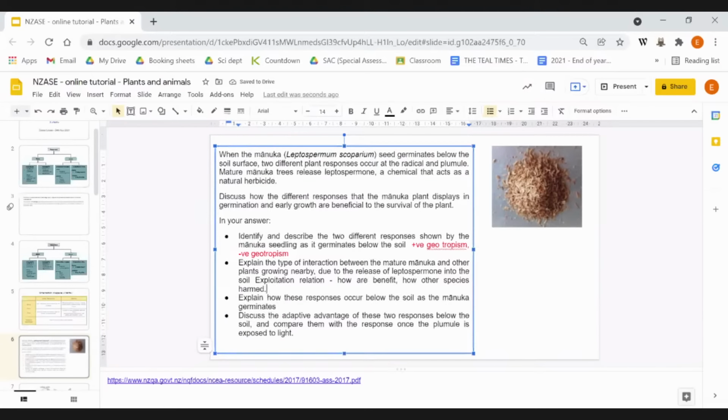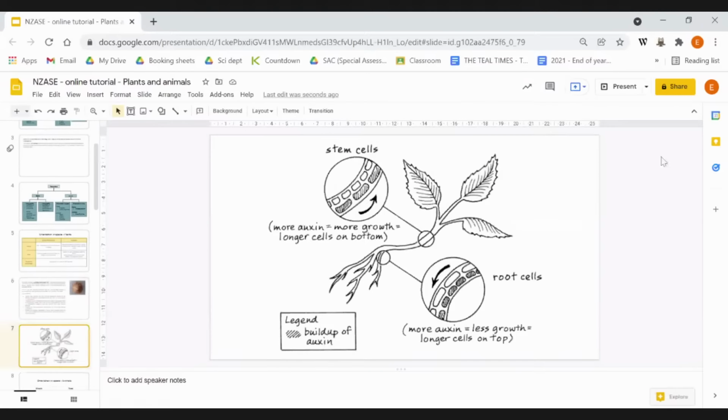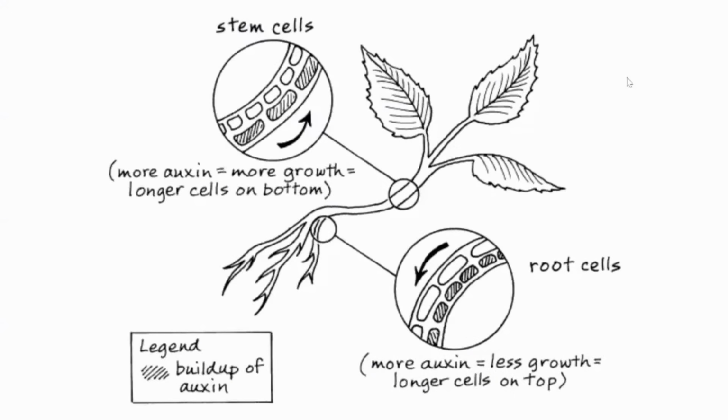And we've got explain responses that occur below the soil level as the Manuka germinates. So this is when we get into talking about the auxins, talking about what is actually happening in the plant. So hopefully you have seen some sort of version of this diagram.